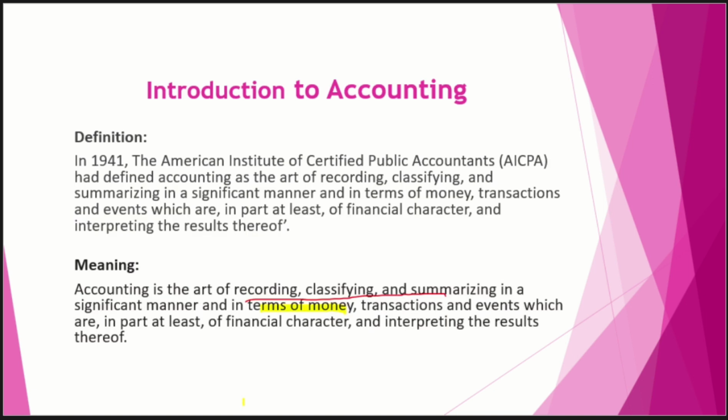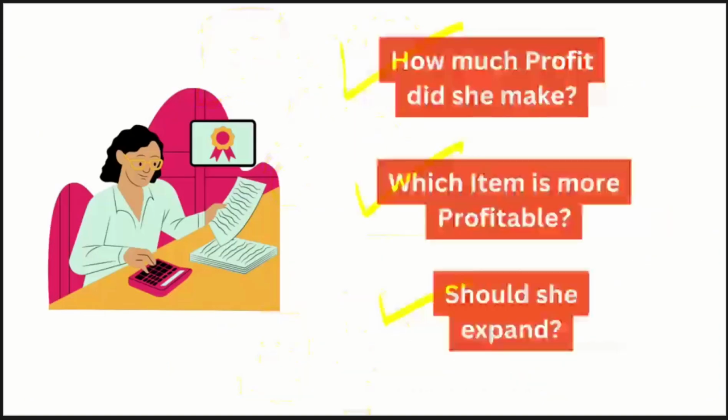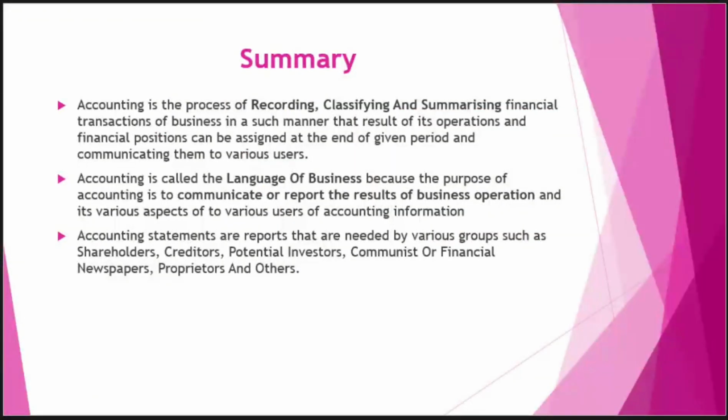Here we understood the same in simple terms, we understood the meaning, and we understood the process with the help of an example. Just to summarize what we learned in this video: accounting is the process of recording, classifying, summarizing financial transactions of a business in such a manner that the result, the report card of the business operations and financial position, is given at the end of the period and communicated to various users.